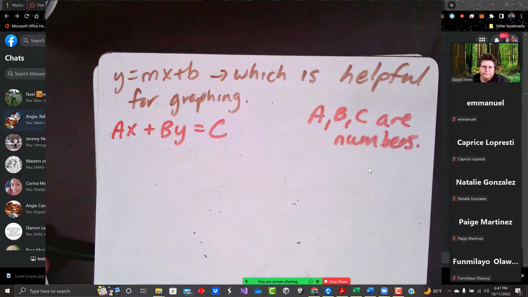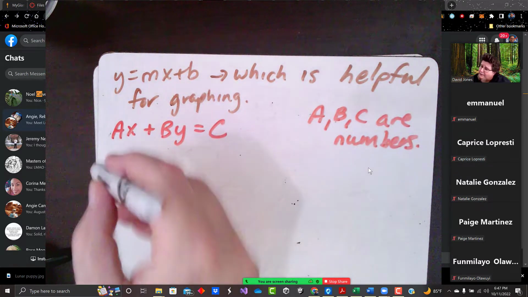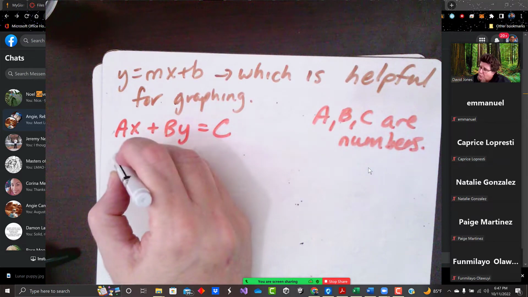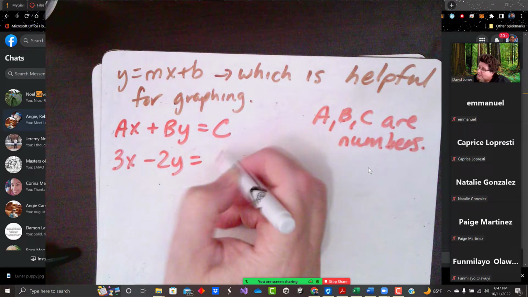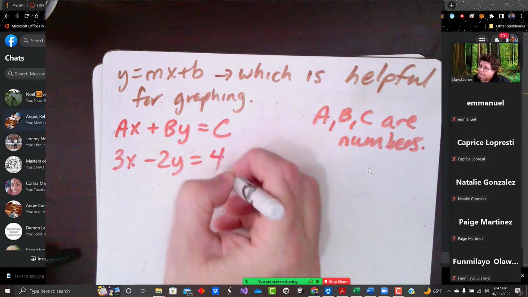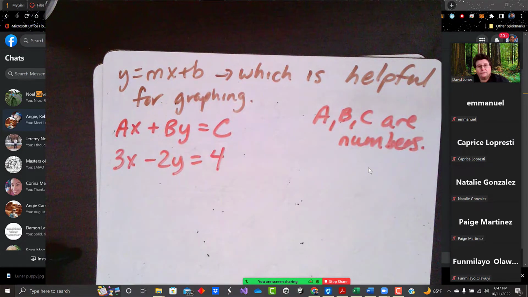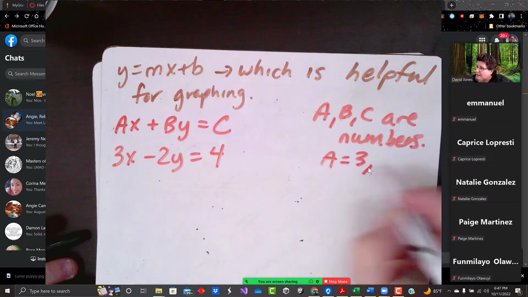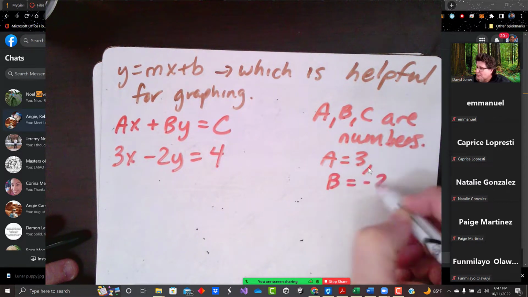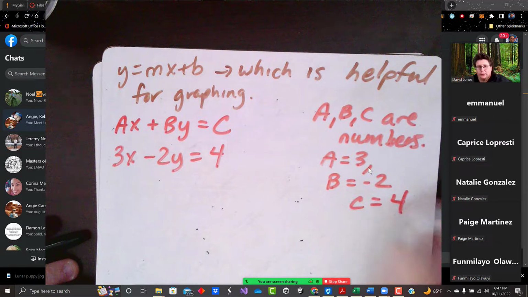For example, and they don't have to be positive, I could have 3x minus 2y equals 4. So here a equals 3, b equals -2, and c equals 4.